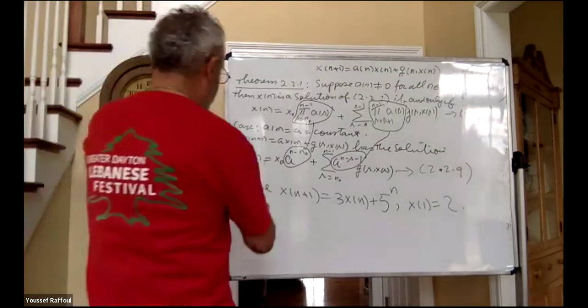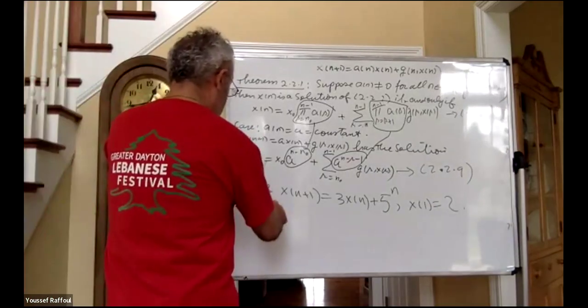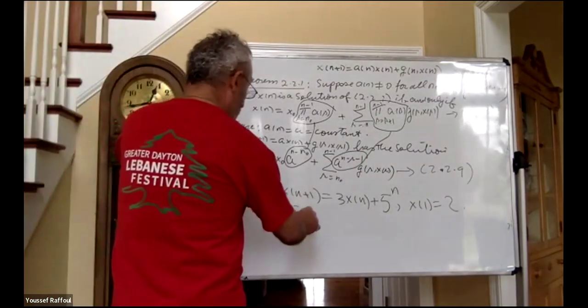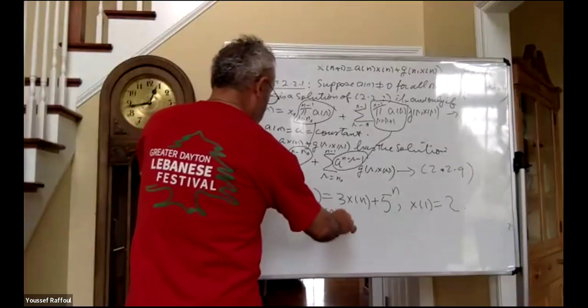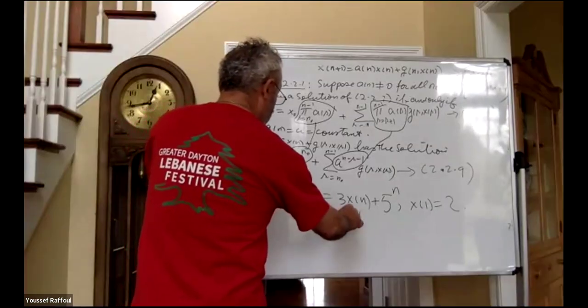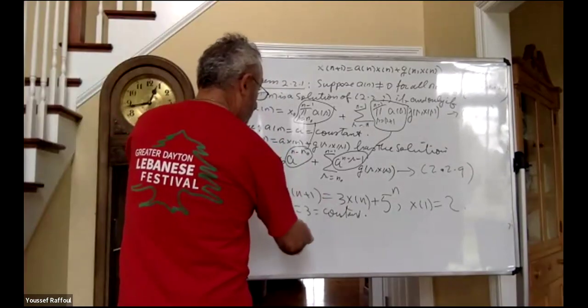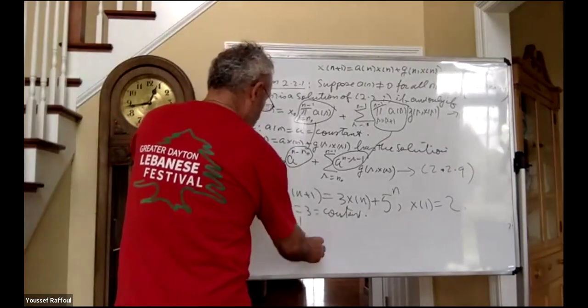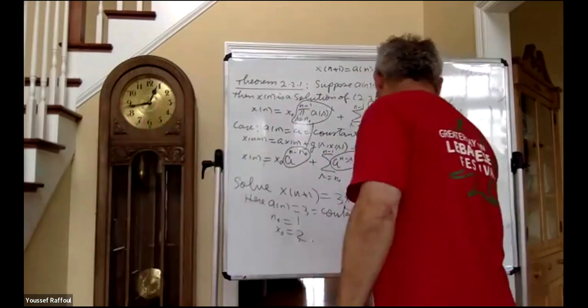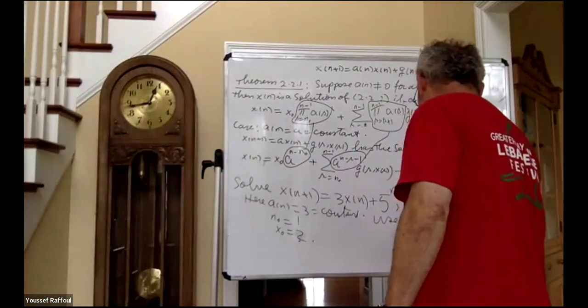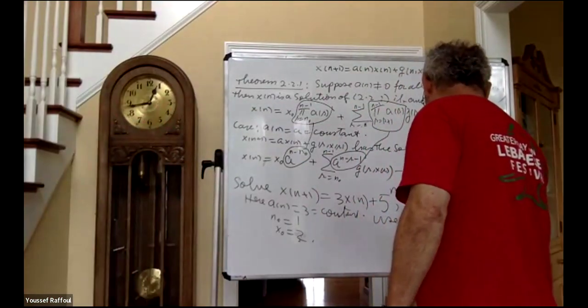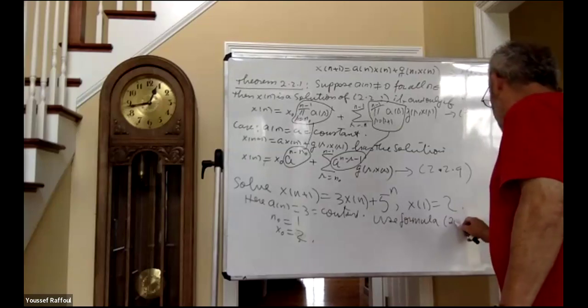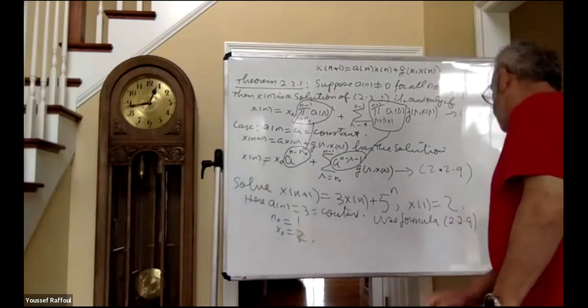So basically, here, an equal to 3 equal constant, n naught equal 1, and x naught equal 2. So we're gonna use formula 2.2.9.